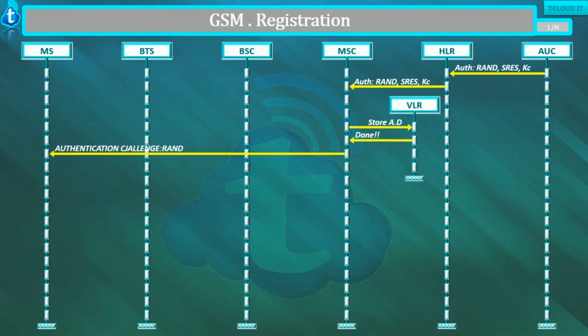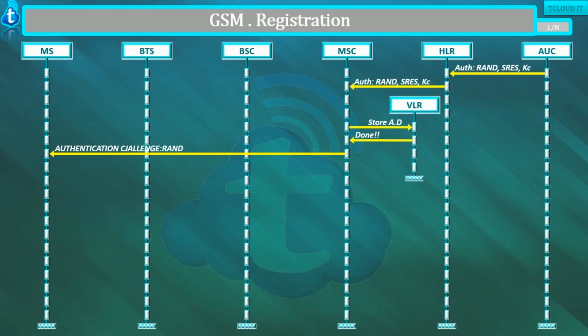What I expect is that you, with the help of this random number and the K value stored in your SIM card, extract that K value, and with the help of the A3 algorithm, you will be able to generate that SRES, signed response. You can also generate that KC with the help of the A8 algorithm.